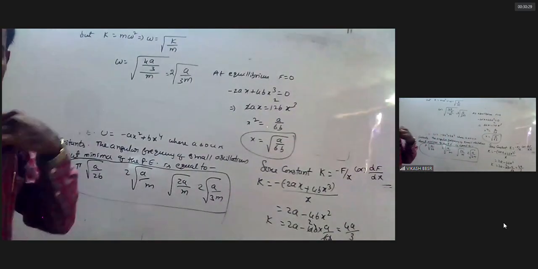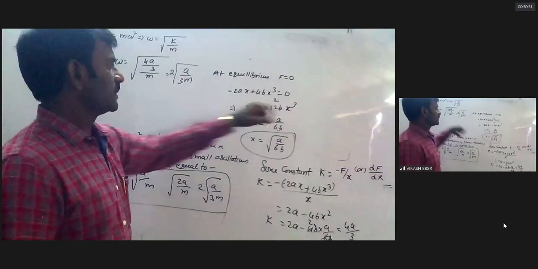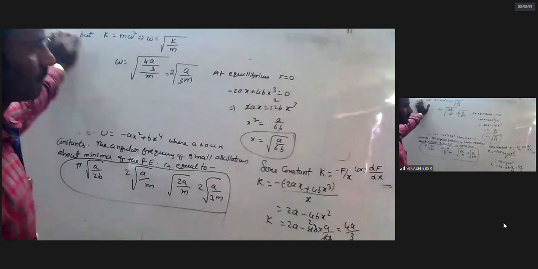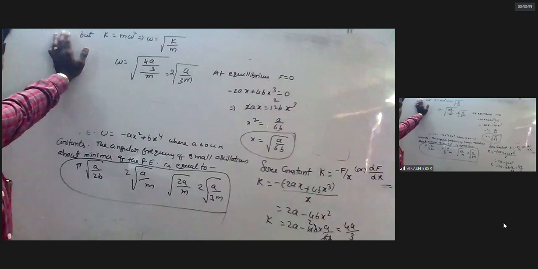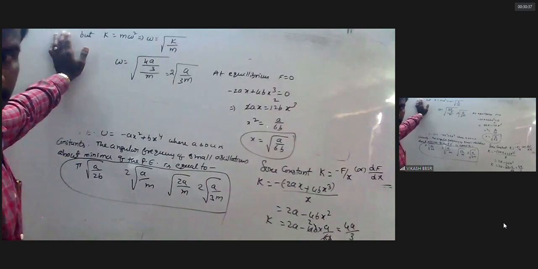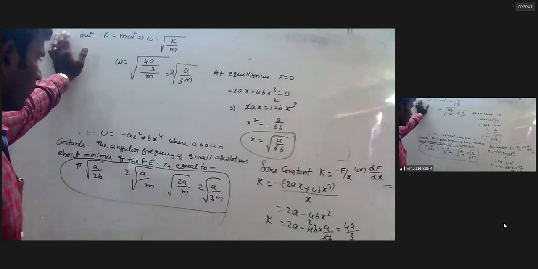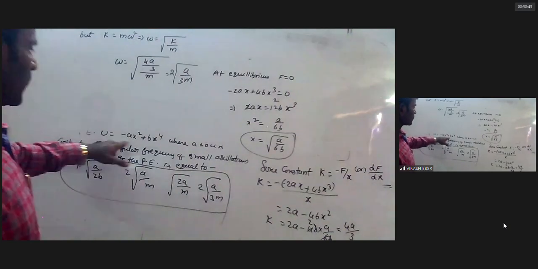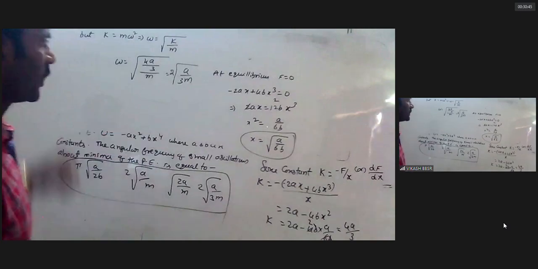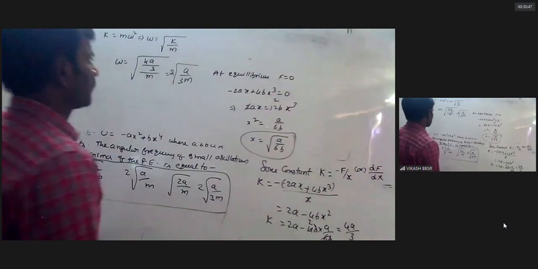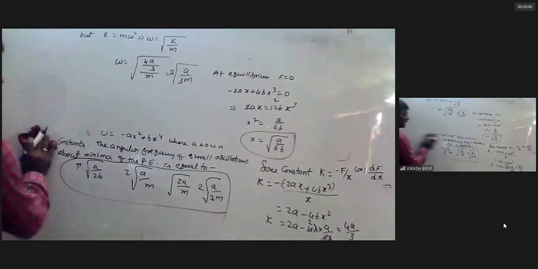Anyone? Why have we written 12? Is there 12? U equal to minus ax square plus bx to the 4. We have written wrong. Once you see, I check now.